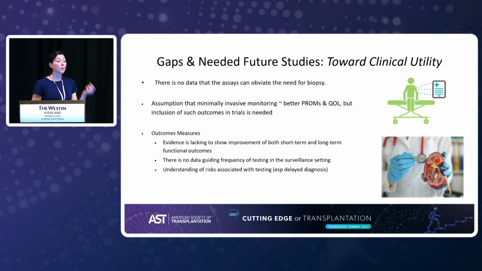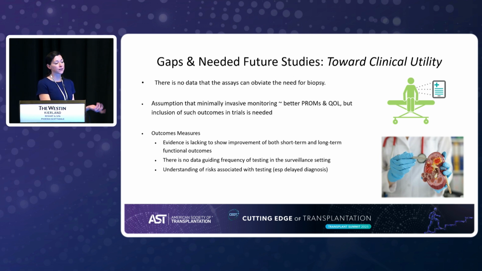It seems logical, but PROMs and QOLs are not included in clinical trials. So we need to include patient-reported outcomes in clinical trials if we're going to purport that minimally invasive monitoring is better for the patients. In terms of outcomes, there's actually no evidence yet to show that there's an improvement in long-term functional outcomes. And we don't have any data guiding the frequency of surveillance testing.